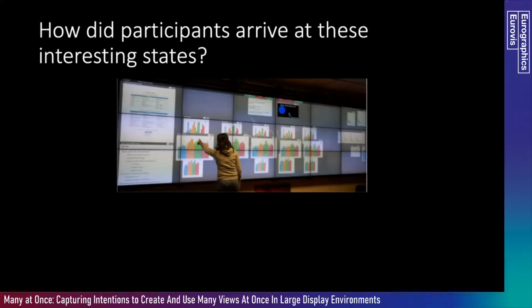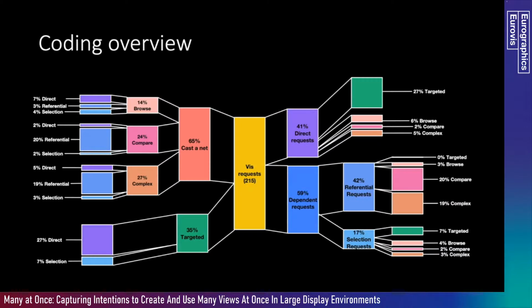So we wanted to understand, in our analysis, how participants arrived at these interesting states so efficiently through their view creation actions. We developed a multi-level coding scheme which captured both how participants requested views and what multi-view tasks they performed using these techniques, and all of this can be found in our paper and supplemental materials.